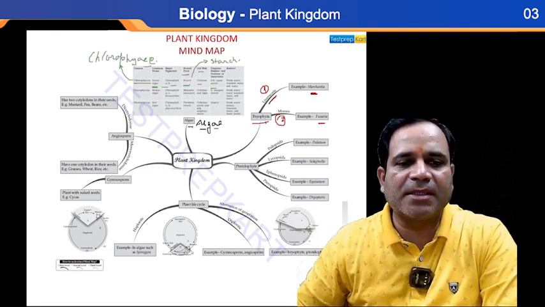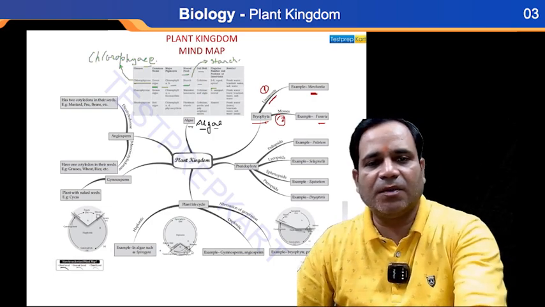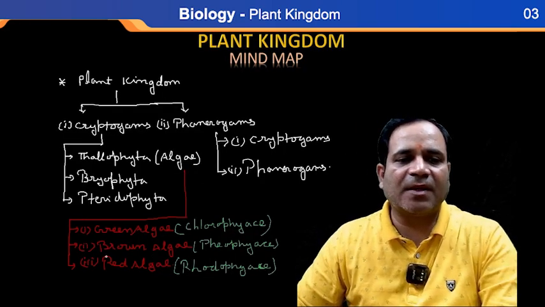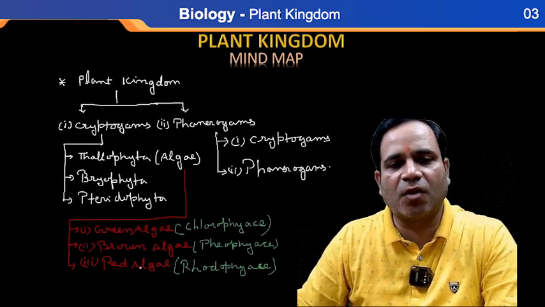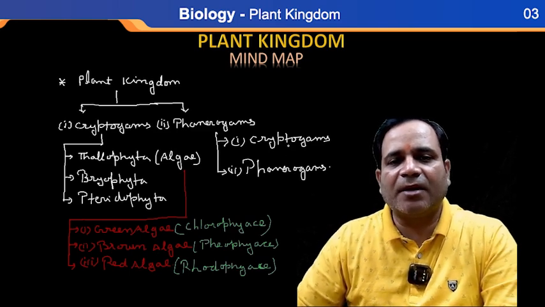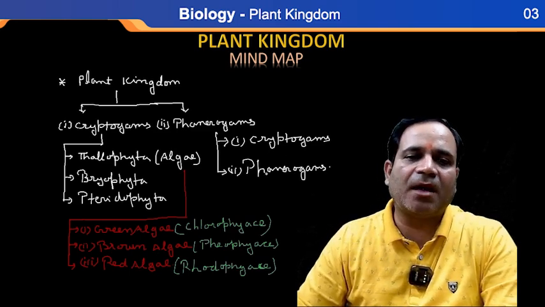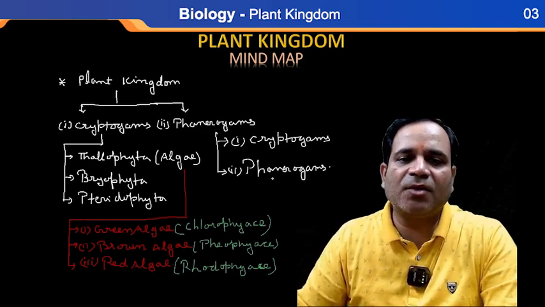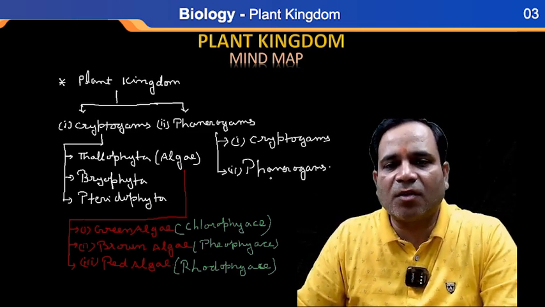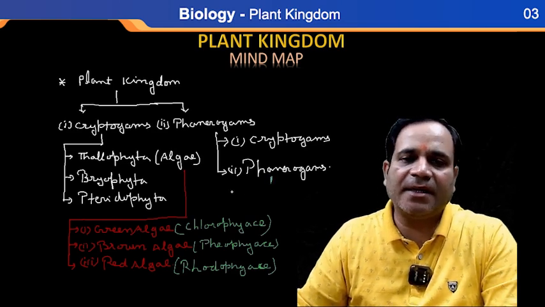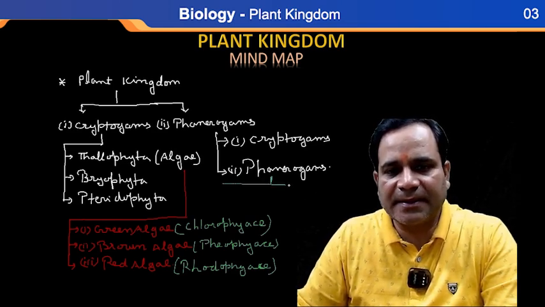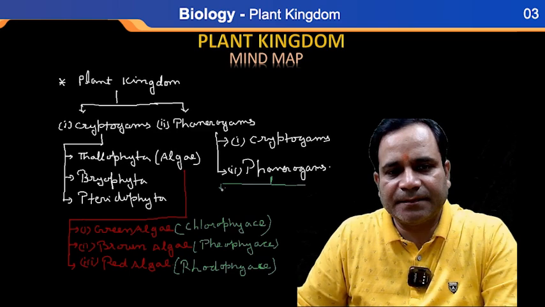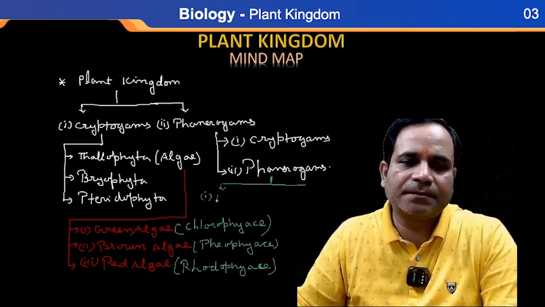Okay. So see what I'm telling you in this one slide: Chlorophyceae, Phaeophyceae, and Rhodophyceae. Right? Now, cryptogams and phanerogams are parts of which group? Phanerogams, my dear, are further divided into two parts.